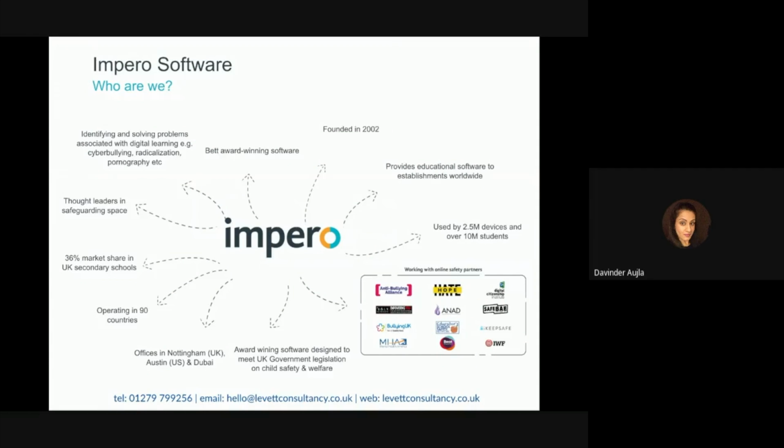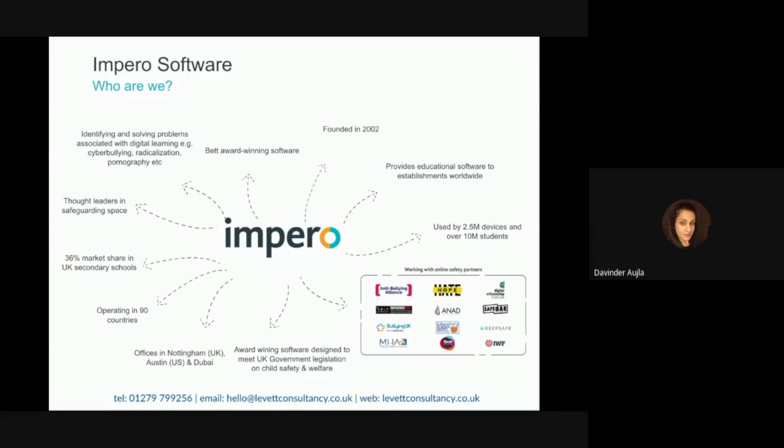I'm going to start off with a little bit about Impero, without making presumptions that colleagues know who we are. We have been operating across the UK in particular since 2002. So we have an 18-year pedigree, primarily focused on managing the networks within schools and the ICT infrastructure, then evolving into classroom management and then into online safety.